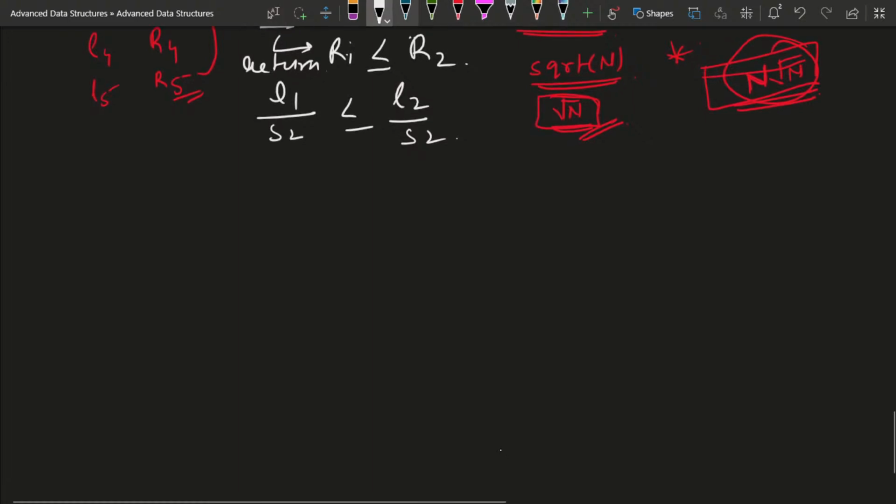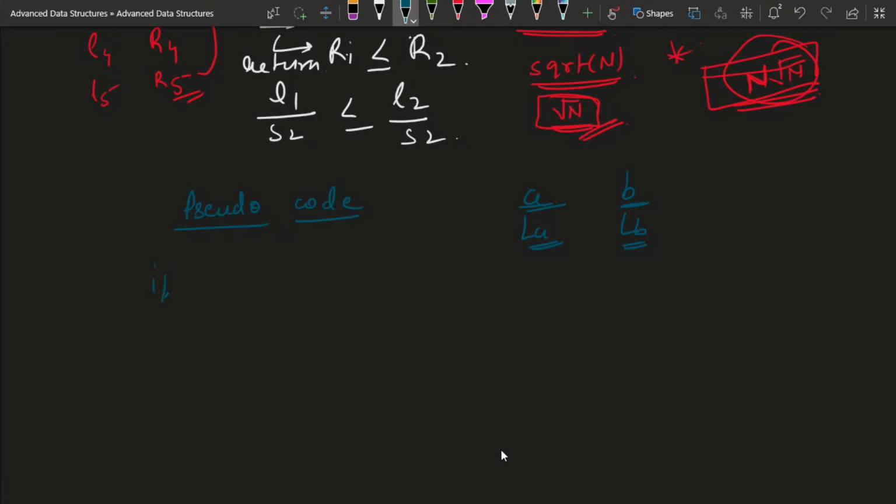If we write the pseudocode for this, suppose A is my one query and B is my another query, and LA and LB are the block numbers of the left hand.